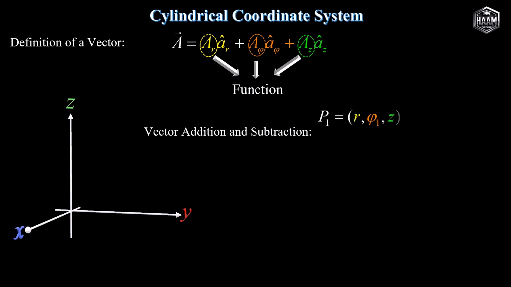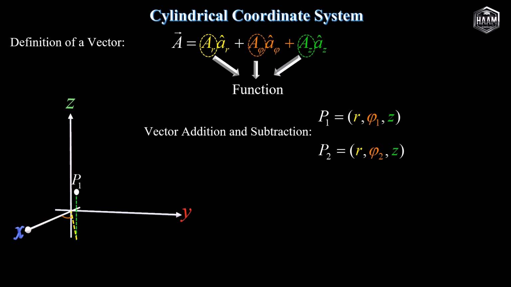Suppose point P1 is defined by three specifications to establish R, phi, and z, where its angular coordinate is denoted as phi1. Assume point P1 serves as the reference for defining our vectors. Now consider a second point P2 with specifications R, phi2, and z. That is, point P2 possesses the exact same radial distance r and height z as point P1, differing exclusively in the angular coordinate phi.